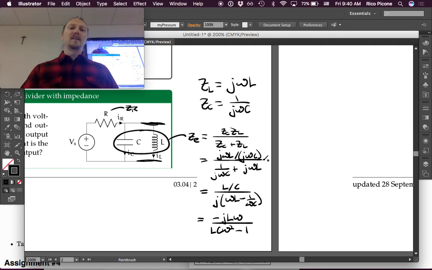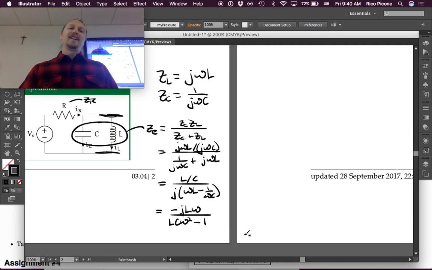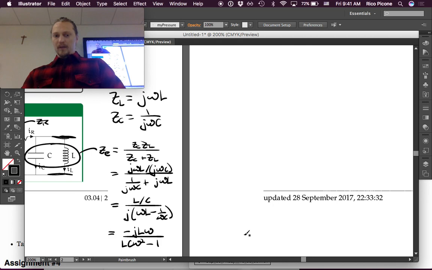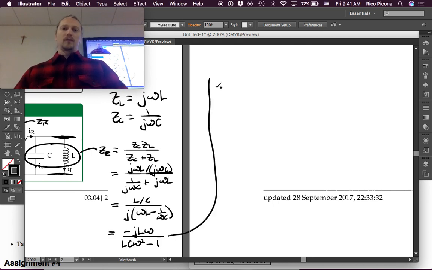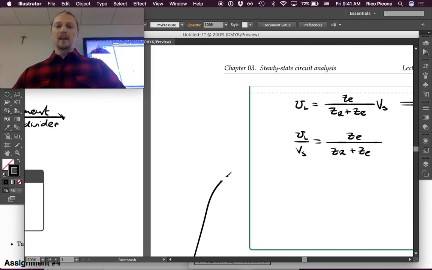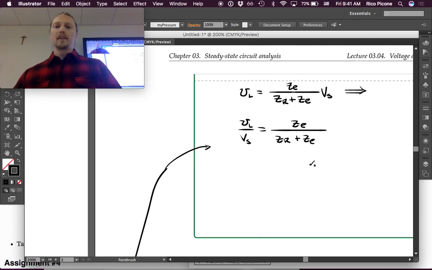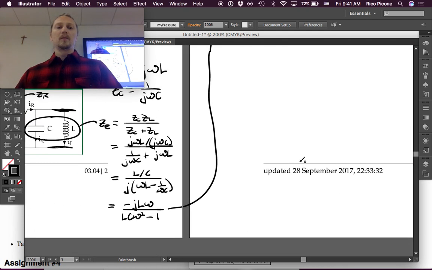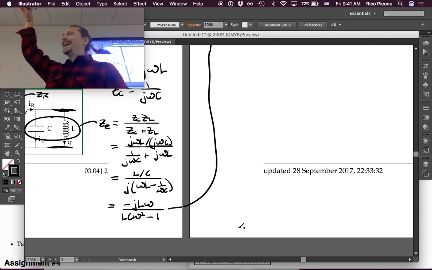So we simplified this over on the side because we're going to plug it in, and it's going to be a little easier to work with if it's simplified before we plug it in. So let's just take this and plug it in for ZE in this equation, so that we get equals. Our ZE shows up in the numerator and the denominator. Therefore, I'm going to take this denominator from the numerator and drop it down and distribute it through, okay?